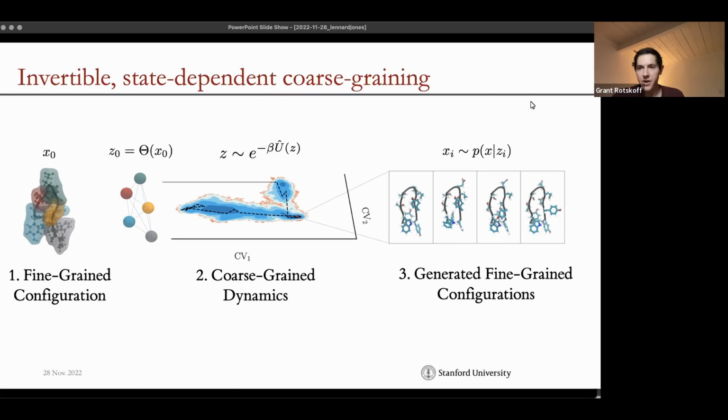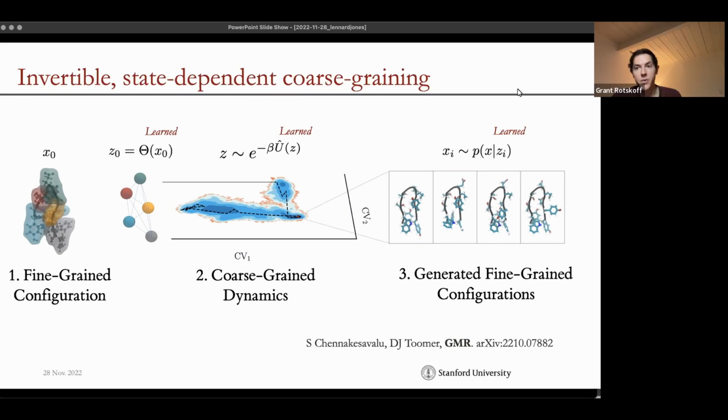So in the spirit of taking high-dimensional functions as the main advantage of machine learning, we're going to learn all of these. We're going to learn the coarse graining map, the potential energy surface, and this inversion map. Those are the three things, and they're going to be learned jointly.